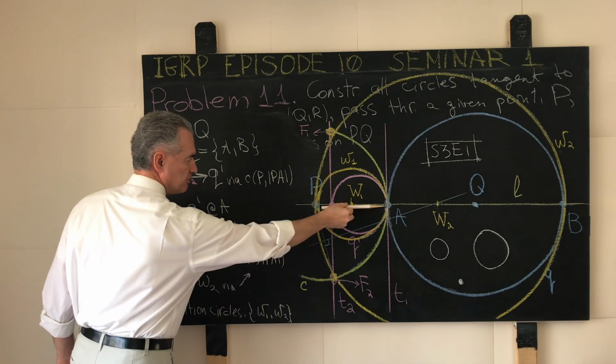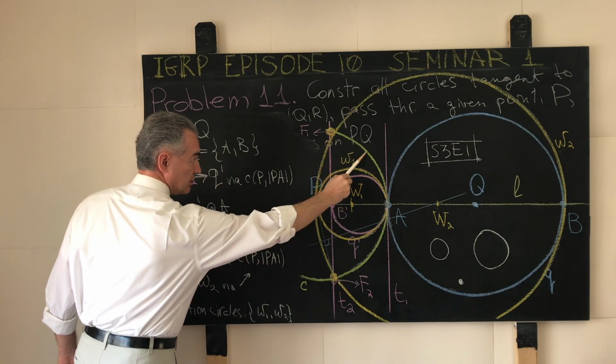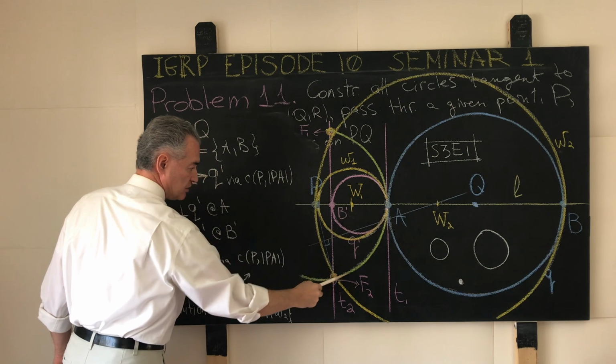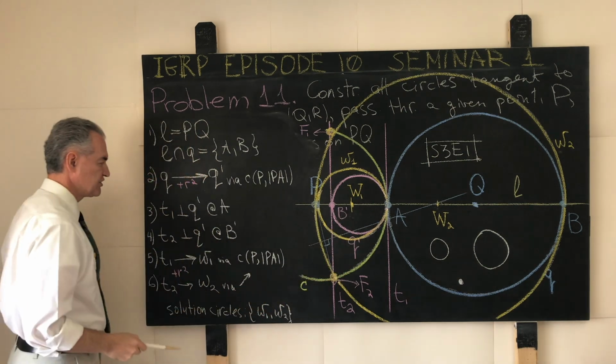This inversion circle is shown over here in green, lowercase c.